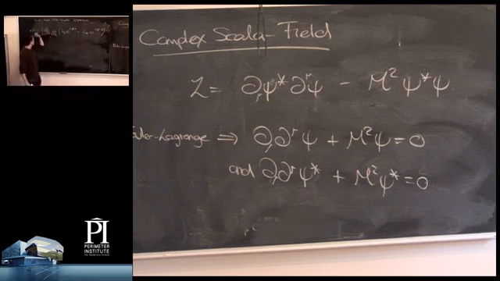Okay, so it's exactly the same as for the real scalar field, but for the real scalar field, I had an A dagger. Sorry, I should have put a dagger on here. For the complex scalar field, I'm going to have B, and I'm just going to call this C dagger.